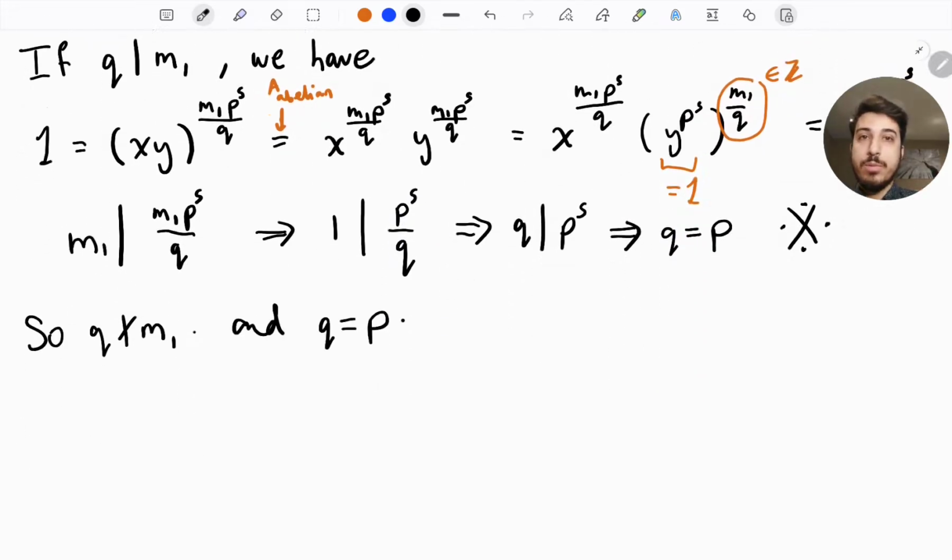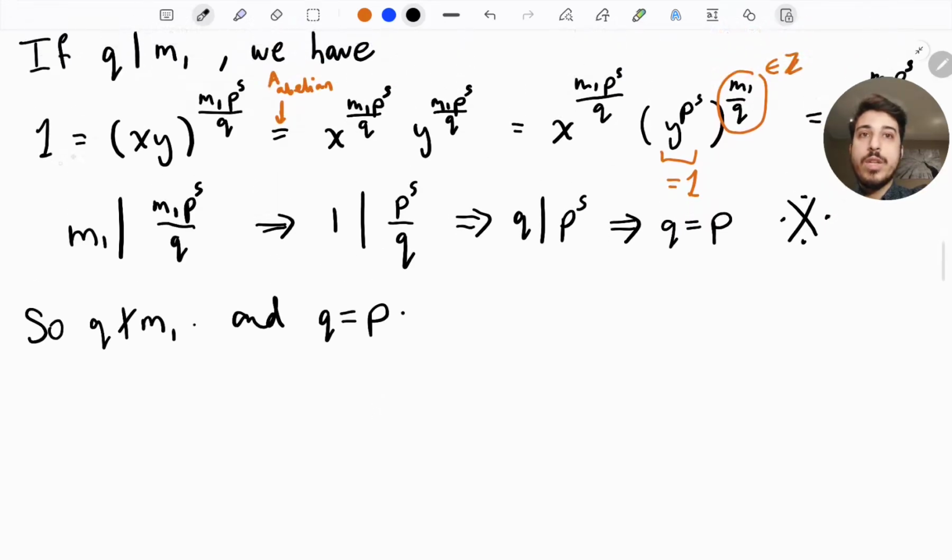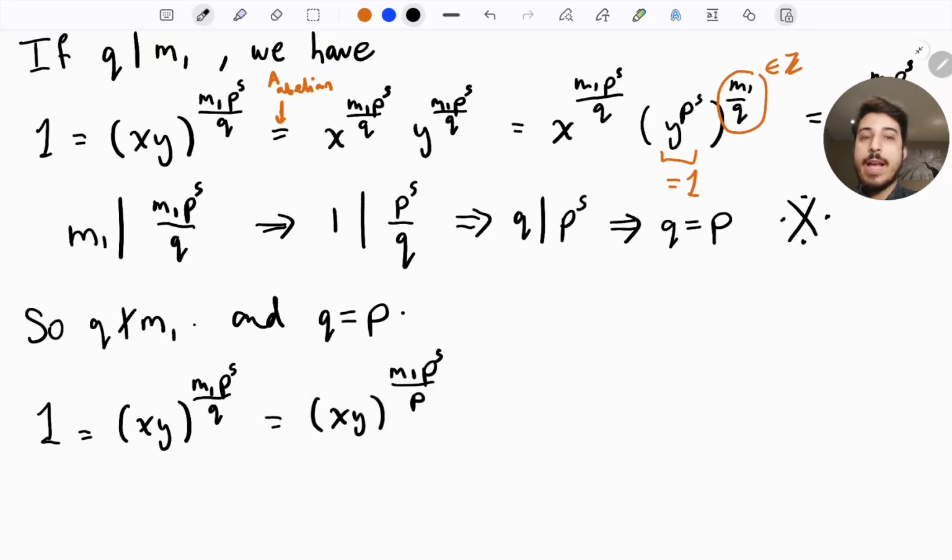So if q is equal to p, then we can use this property again to write 1 is equal to xy to the m1 p to the s over q. But remember now, because q is equal to p, we can just replace q by p. And using exponent laws, we can say that p to the s divided by p is equal to p to the s minus 1.